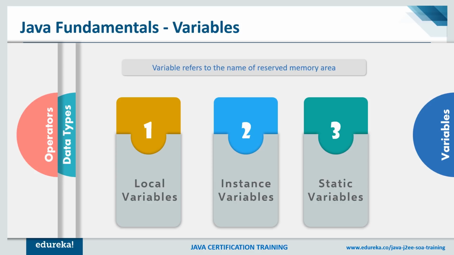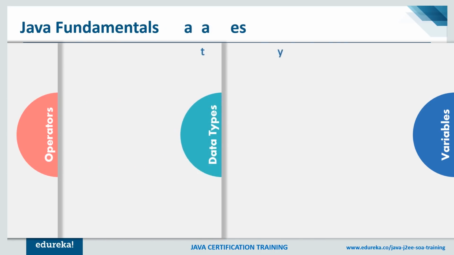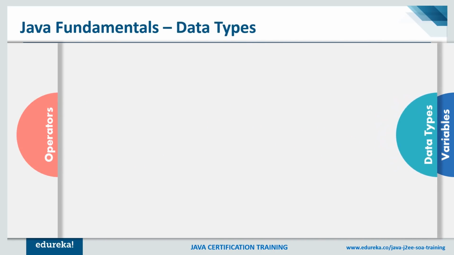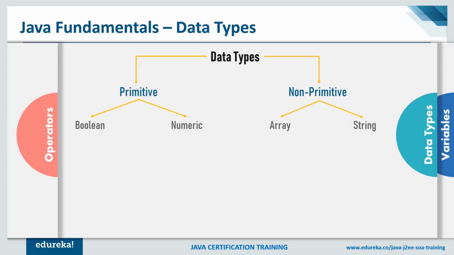After having said that a variable will hold the data, we need to decide the type for the variable, right? Variables are divided into two types, primitive and non-primitive. Non-primitives are sometimes referred to as reference types as well. In the primitive, we have Boolean and numeric. Boolean is a logical one, either true or false.